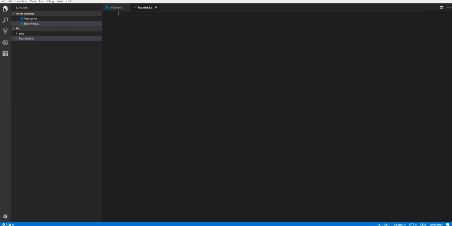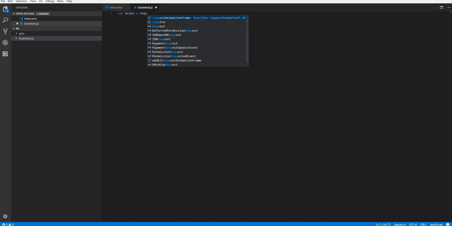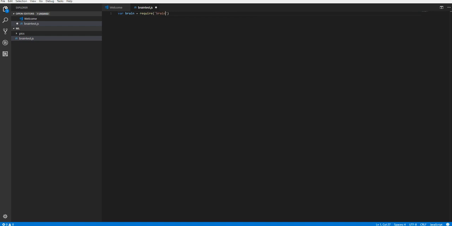Okay, let's start with Brain.js. We will require brain, because Node.js generally uses some libraries, but dynamically. You need npm to register these libraries in your environment. First of all, you have to define the libraries that you need.